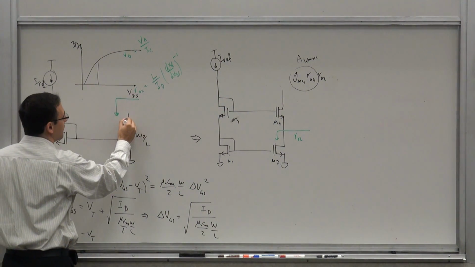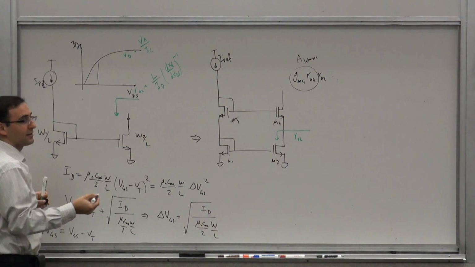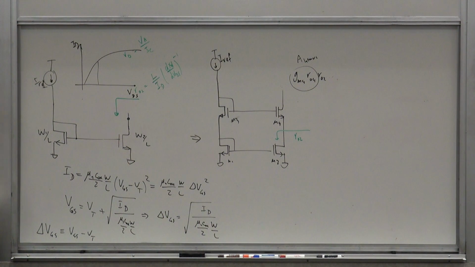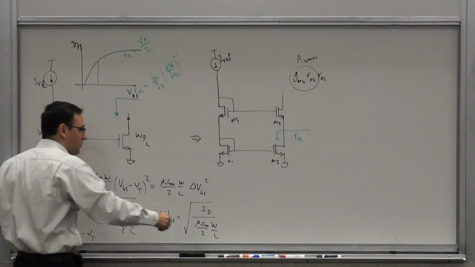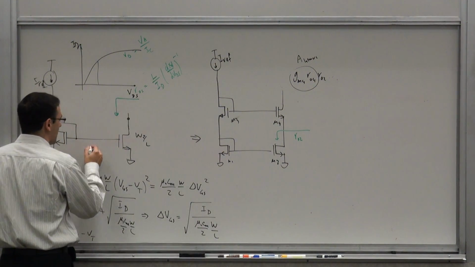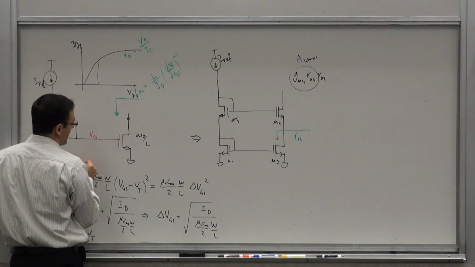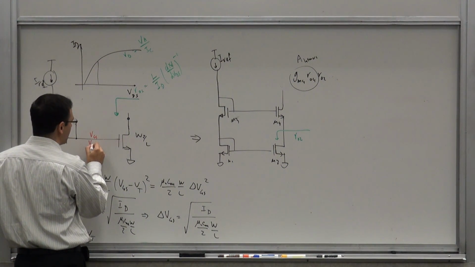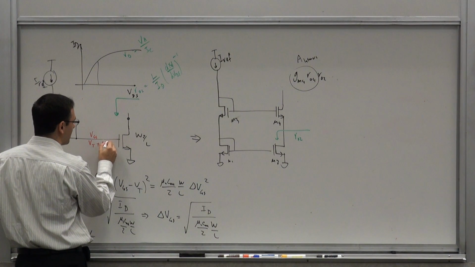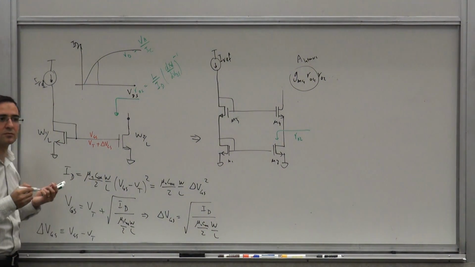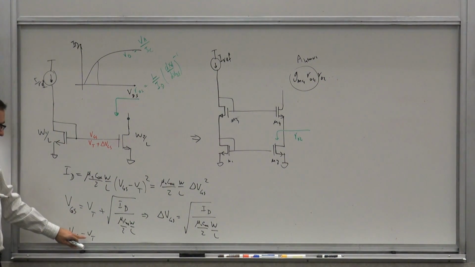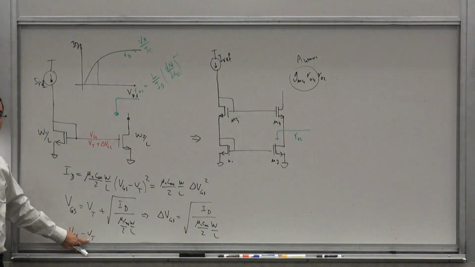And what is the lowest this voltage can go before it enters the triode region? When does it enter the triode region? If you think about the gate overdrive across here, so this voltage being VGS, you really can think about the VGS as VT plus delta VGS. By definition, right? VGS is delta VGS plus VT.